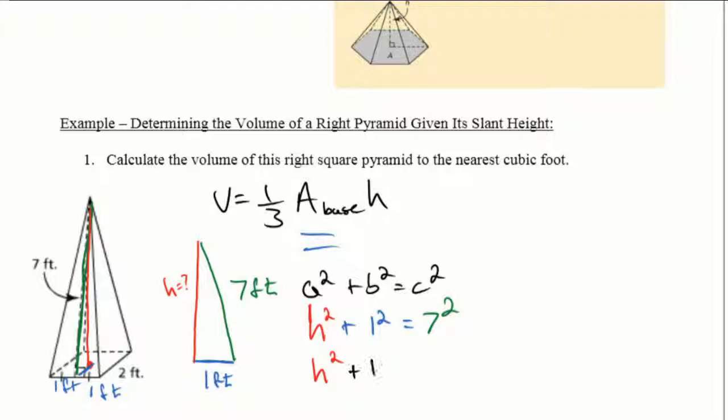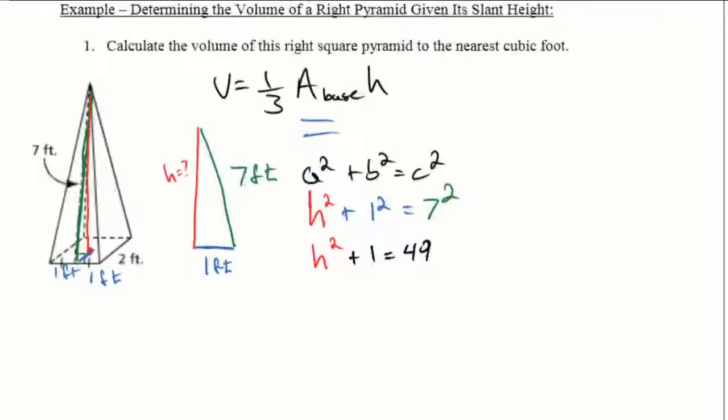So h squared plus 1 is equal to 49. I'm going to subtract 1 from both sides to get the h by itself. So h squared is equal to 48. And I need to take the square root of both sides to give me h is equal to the square root of 48.